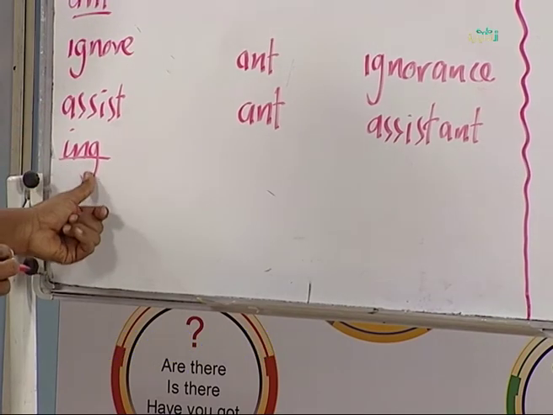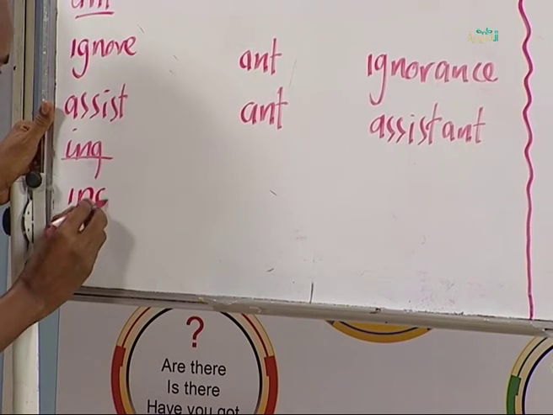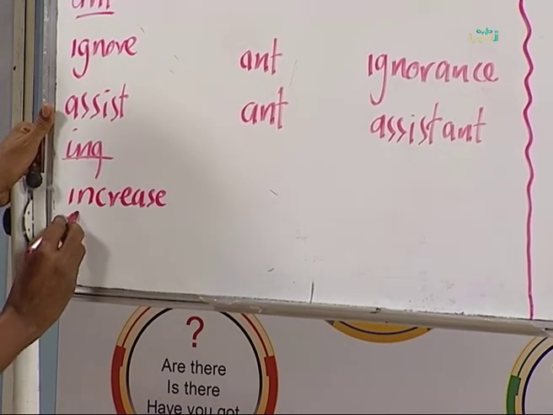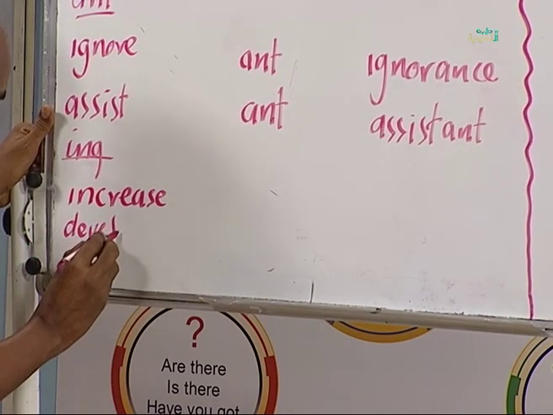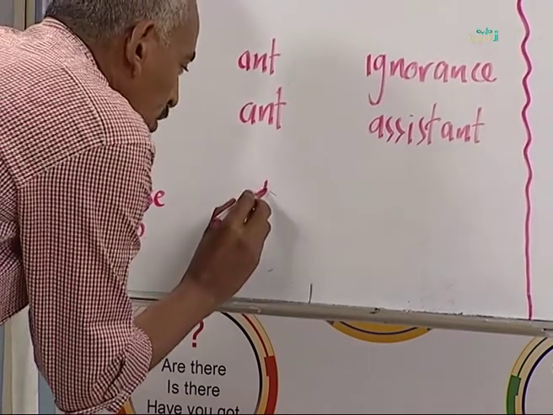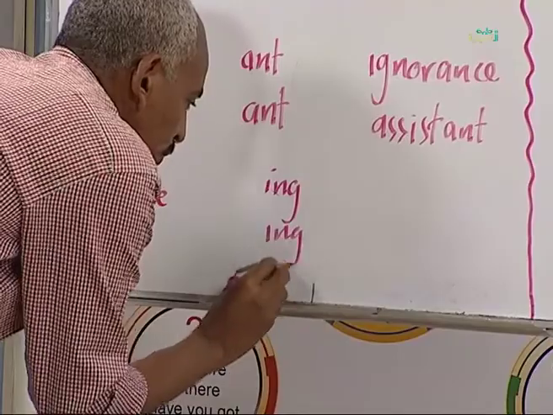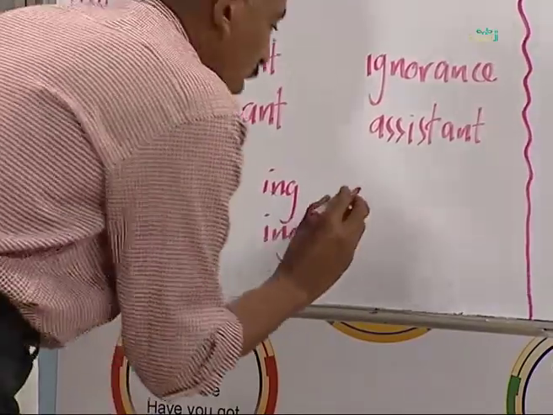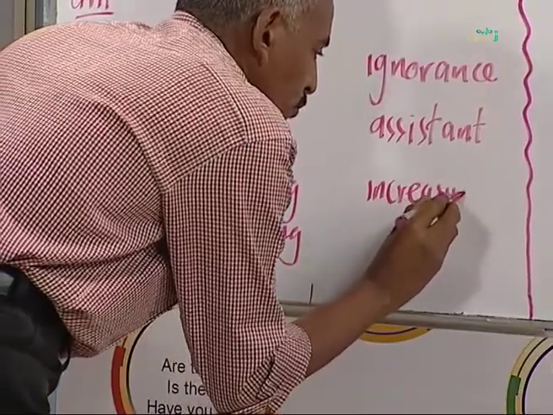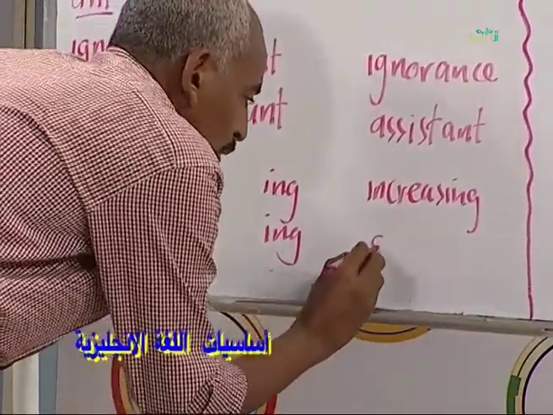Ing, for example, I have increase and develop, and we add ing. The new word is going to be increasing. Or develop, the new word is going to be developing.